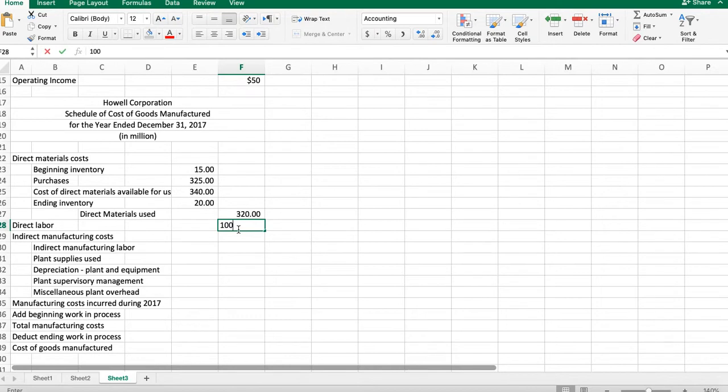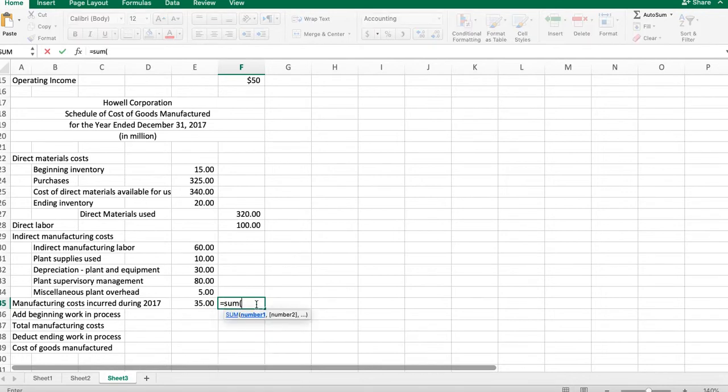Direct labor was given to us, that was $100 million. And then all of our manufacturing overhead or indirect was given to us as well. So we can sum all of that up to get our manufacturing cost.